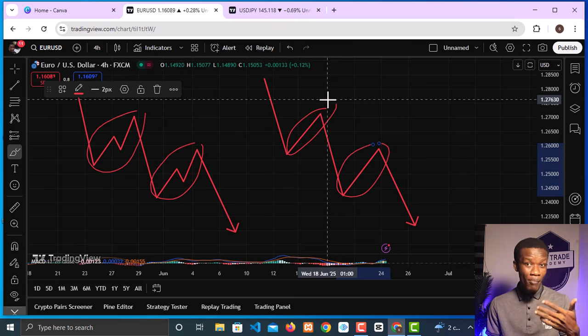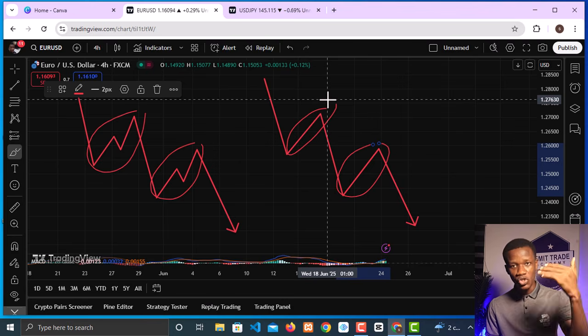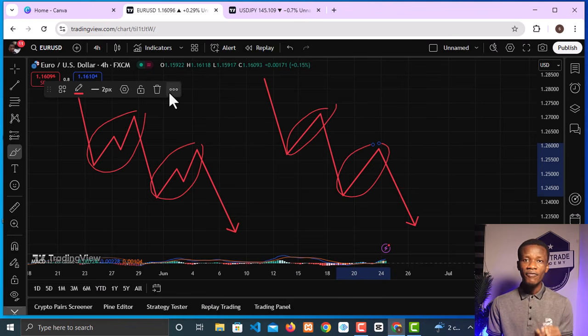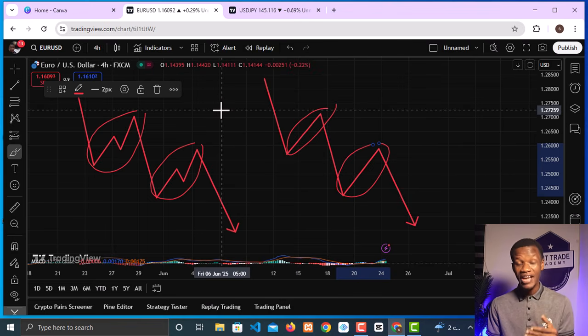And if you are new to pullback trading, this is how you should understand pullback trading and scale up your trading all the way to the next level. And if you are an advanced pullback trader and you've not been trading in this kind of way, begin to look at this perspective and look at pullback in this directional bias so that you are in the right direction of the market 80 to 90% of the time.